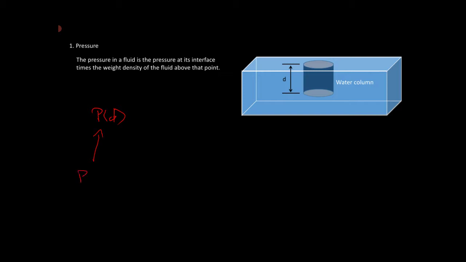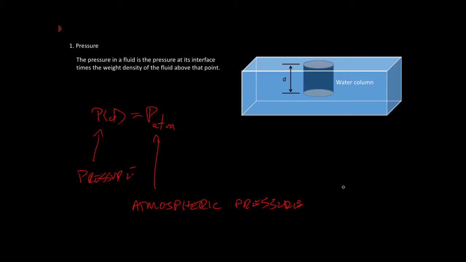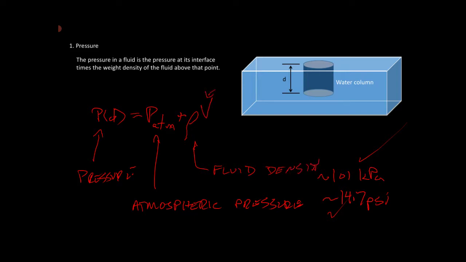We'll call that the absolute pressure, which is equal to the atmospheric pressure, which is about 14.7 pounds per square inch, or about 101 kilopascals, depending on how you're measuring it, imperial or metric, plus the fluid density times the column volume times the gravitational acceleration.